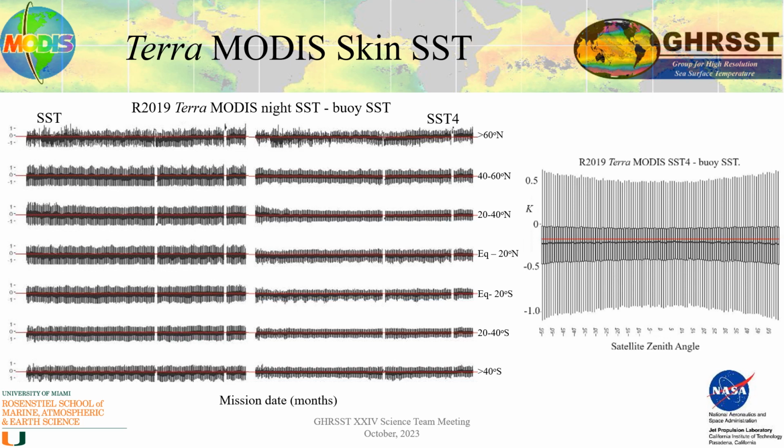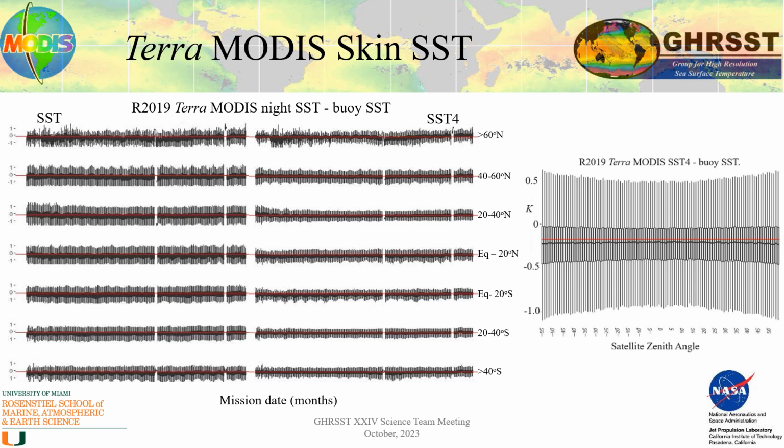Each row consists of a range of latitudes starting at the bottom with south of 40 degrees south, then 20 to 40 degrees south, 20 degrees south to the equator, equator to 20 degrees north, and so on. The upper row is north of 60 degrees north.